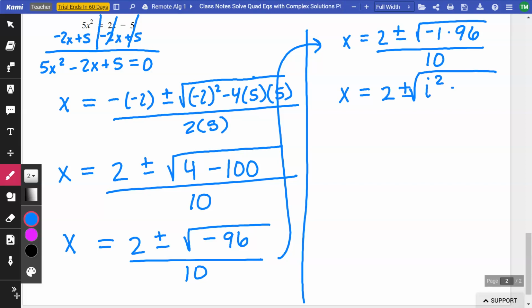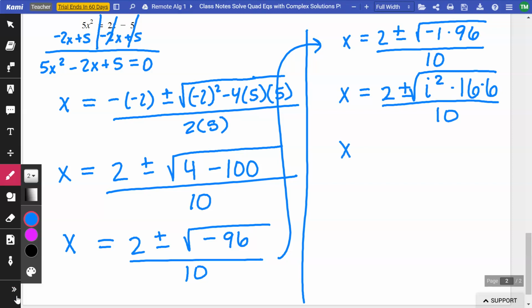And then 96 can be broken down to, didn't we just figure out that 96 was 24 times 4 or 4 times 6? 4 times 4 times 6, right? Let's see, 96 divided by 16. Yeah, so 16 times 6 all over 10.